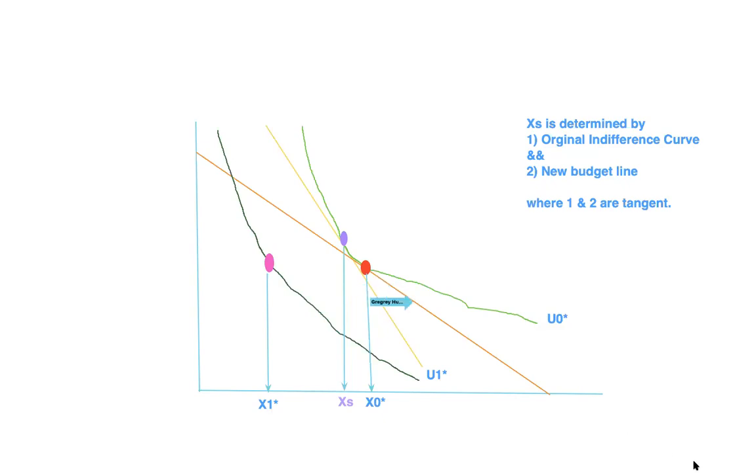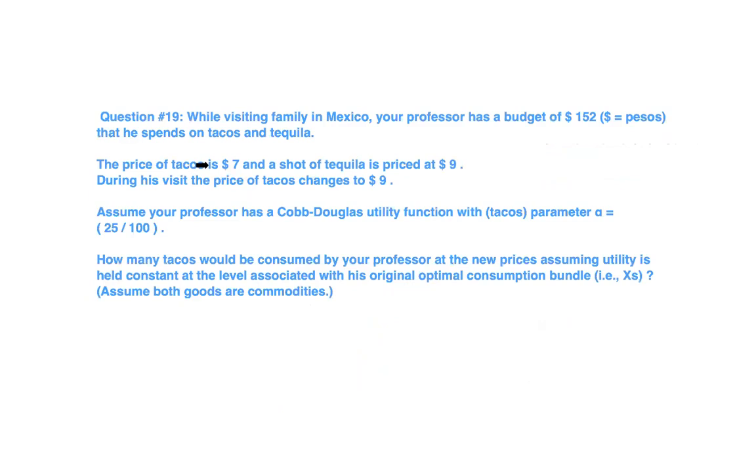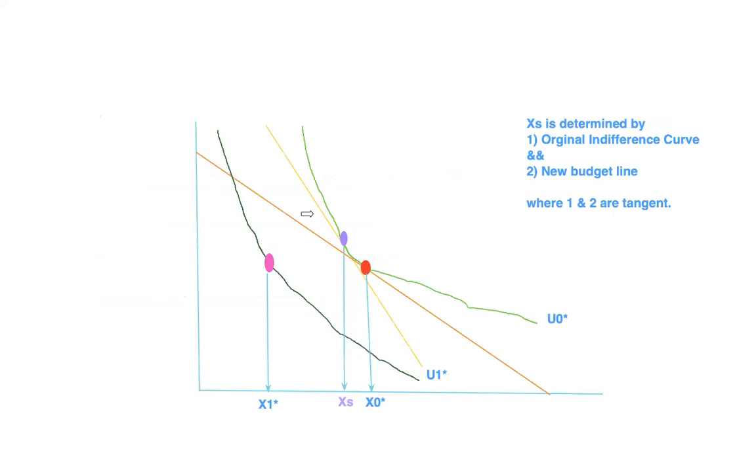In our example, the red dot is what the consumer chooses when they have a nominal income of 152 and face a price of 7 for tacos and 9 for tequila. But notice that this new budget is really a fictitious budget.